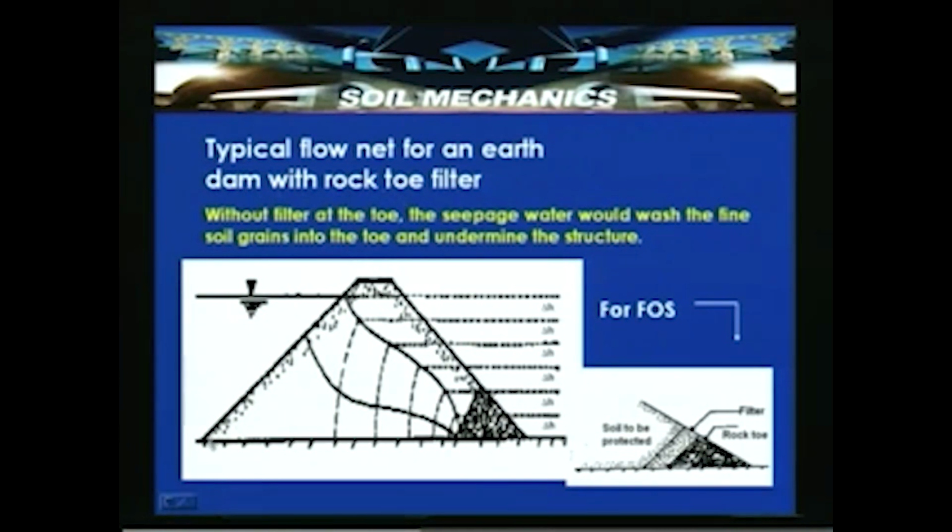Here a cross section of an embankment dam is shown, and on the toe side you are seeing a rock toe with a filter. The details shown in this small window show the soil to be protected, that is the soil used in the embankment or earthen dam construction, and the rock toe, which serves the purpose of preventing undermining or piping failure of the structure.